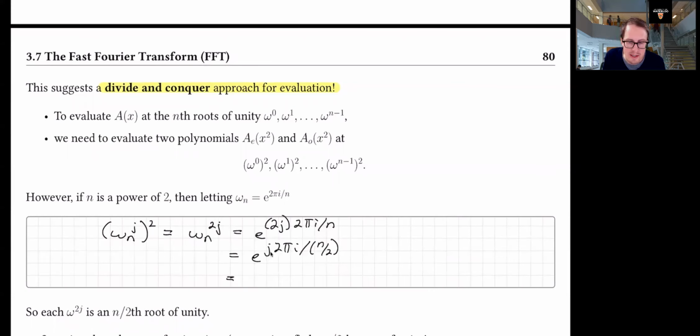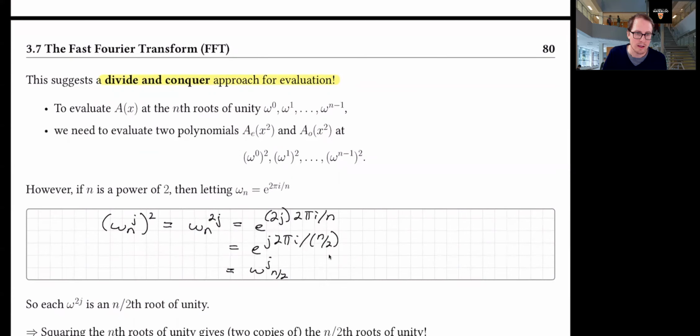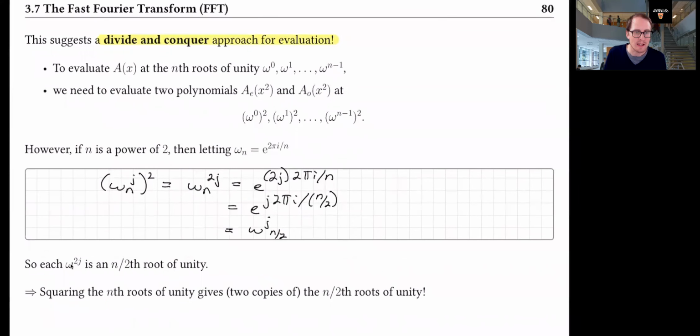If we look at this now, it's j multiplying 2 pi i over n over 2. So these are now the n over 2th roots of unity. And so when I take one of these nth roots of unity and I square it, I wind up with the n over 2th roots of unity.